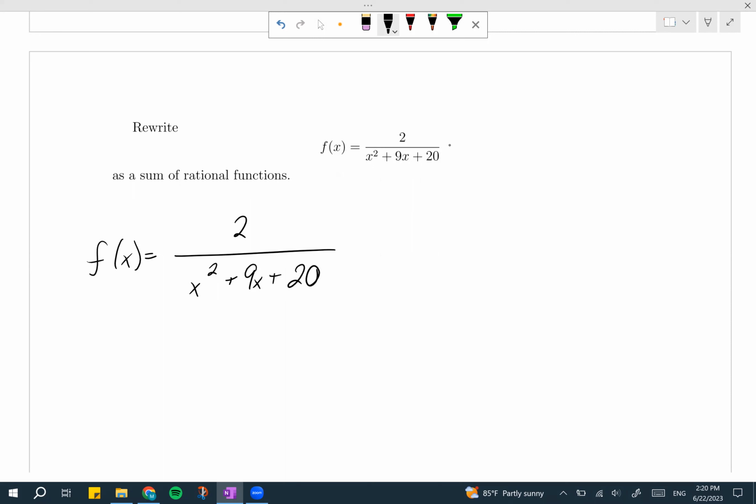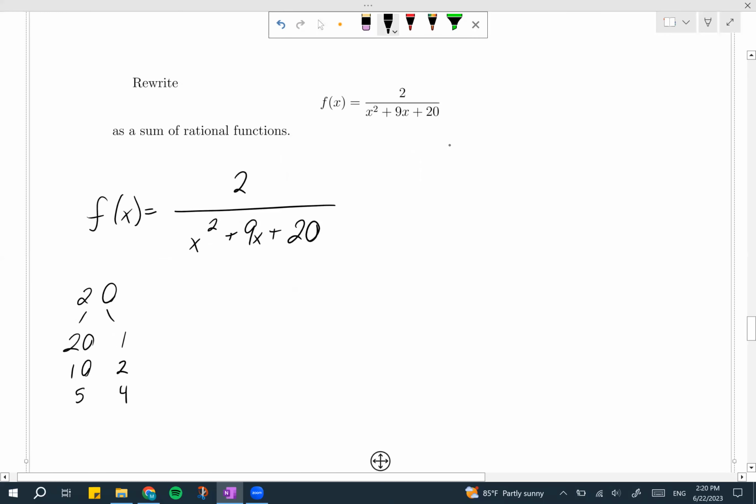The first thing I'm going to do is try and factor my denominator. The factors of 20 are 20 and 1, 10 and 2, 5 and 4, 4 and 5, 2 and 10, 1 and 20.